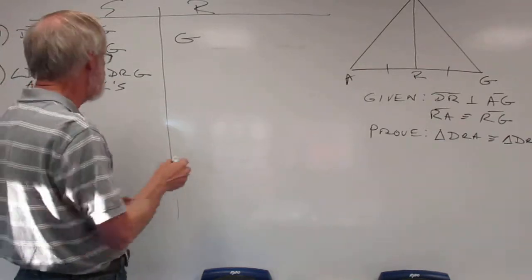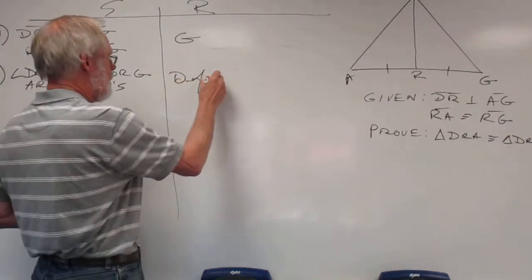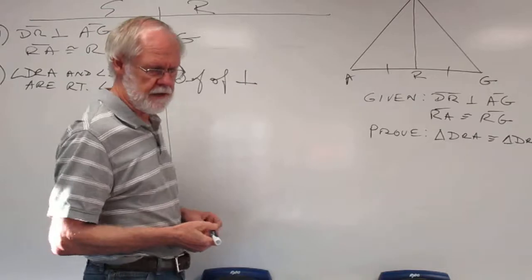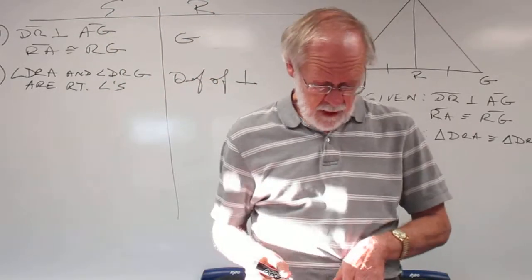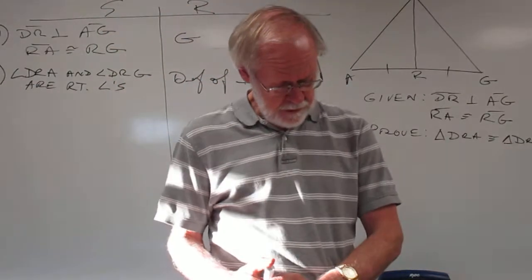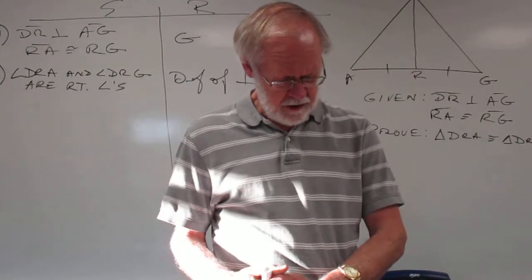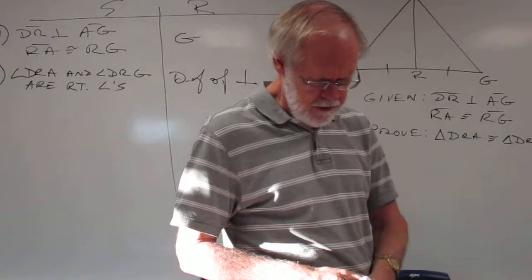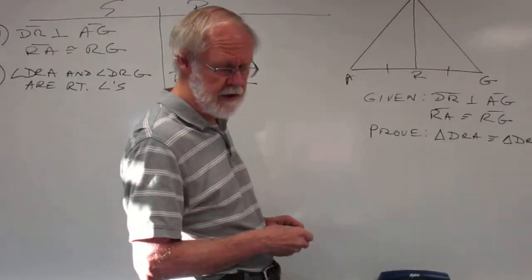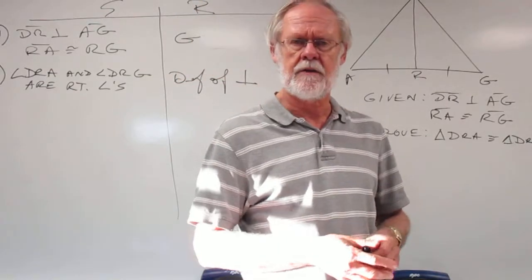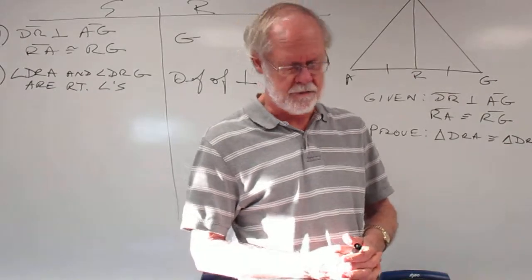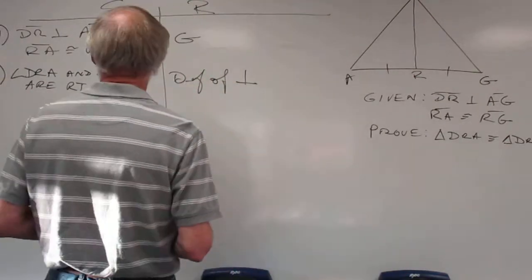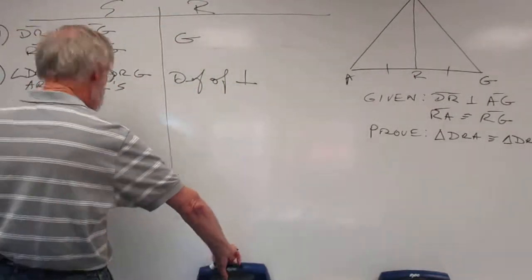And that is the definition of perpendicular. Actually, let me think about that for a moment. If two lines are perpendicular, then they form four right angles. We could actually do it either way. The theorem says if two lines are perpendicular, then they intersect to form four right angles. So we actually have a choice here, I think. I'll leave it like that.